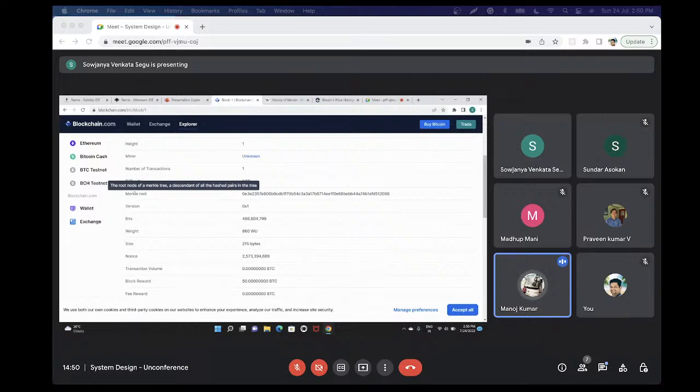It's giving you where it started and where it is ending. This is the proof of transactions included in this block. A Merkle tree is made up of hashes of the transactions.